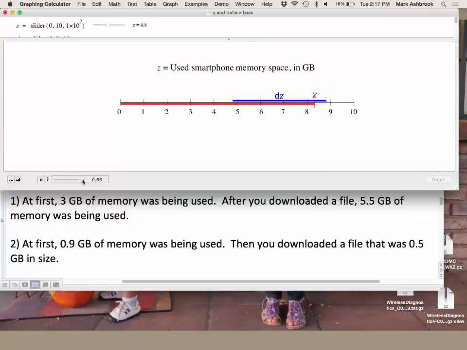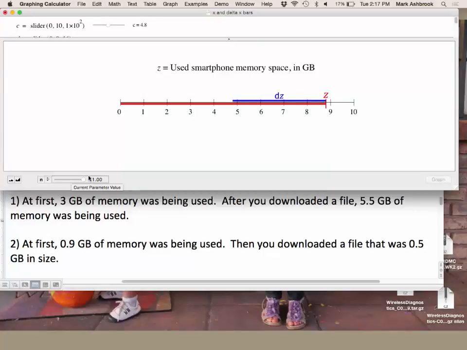At first, 8.8. When you're done deleting files, 4.7 used up on your smartphone. Okay.